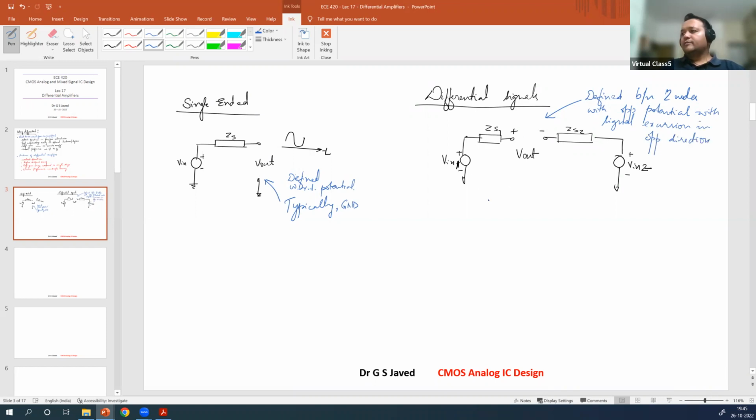Now, what does that mean? That means that with respect to the time axis, you are going in one direction and the other is going in the other direction, right? But there is something common with it, and that is called common mode, right?